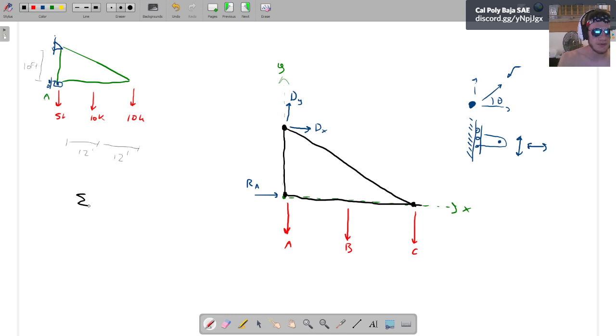Some of you are probably ahead of me and have already figured out all of your statics equations, and if anyone has done so, feel free to chime in. The sum of the moments equals 0. If not, I'm just going to start with the sum of the forces in the y direction.